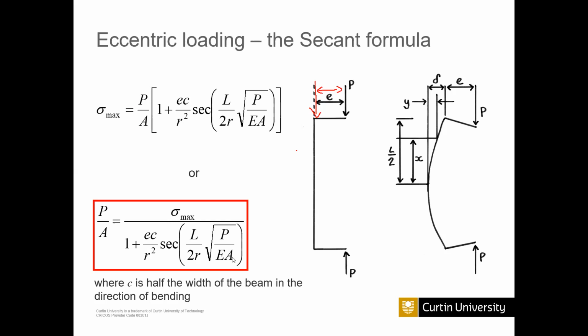So here also P upon A. Don't get confused. This theory was already developed by those particular persons, and it explains a different thing, not the stress. Definitely P upon A is stress, but P upon A divided by E under the square root gives a different meaning. Keep it in mind.